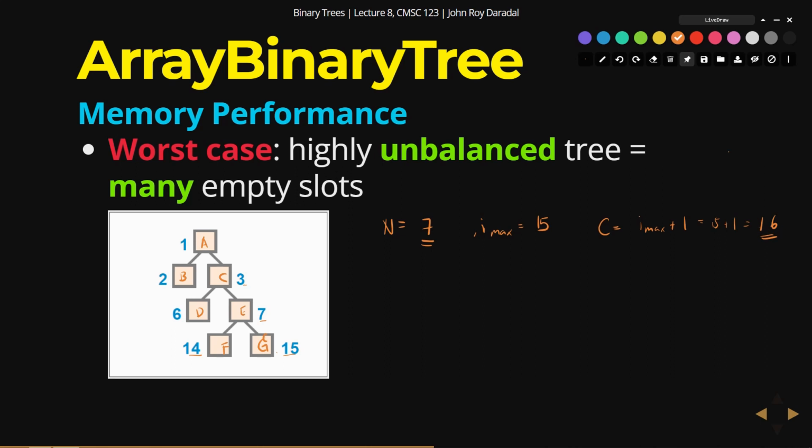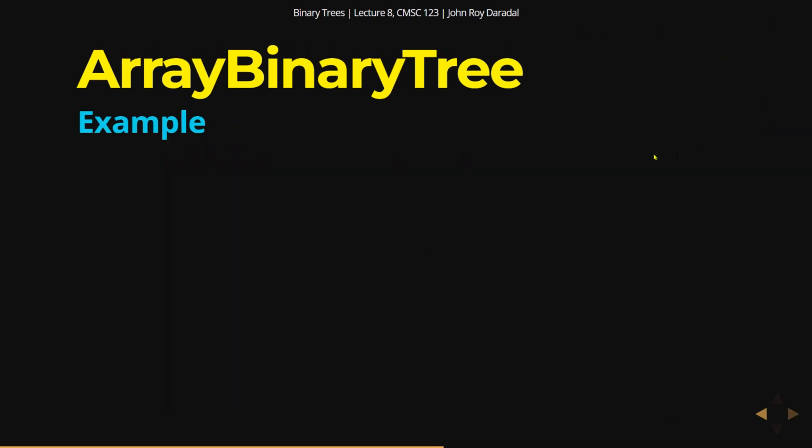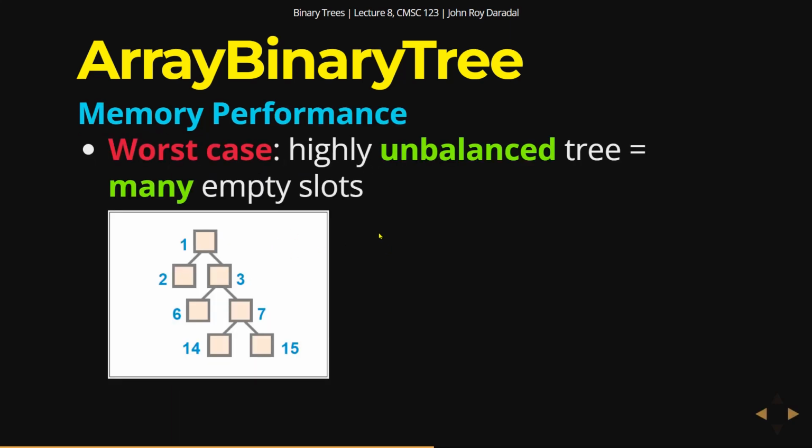Okay, and if we actually work out the math behind this, so we have defined this earlier, right? So the n is 7, I max was 15, and you'll notice also that the height was 3 earlier, right? Because you have here, this is level 0, this is level 1, this is level 2, this is level 3.